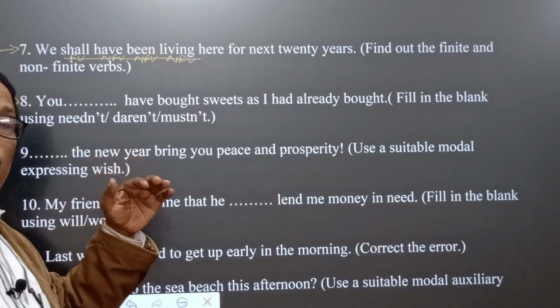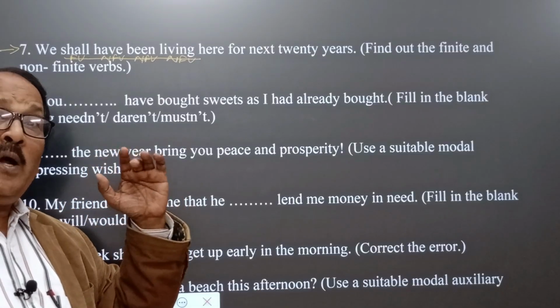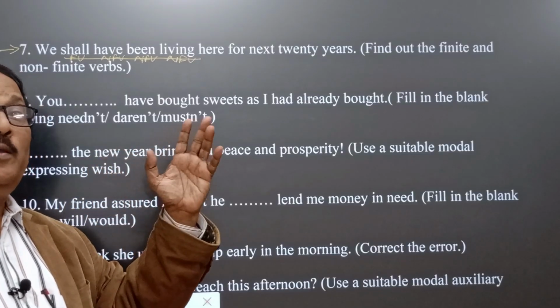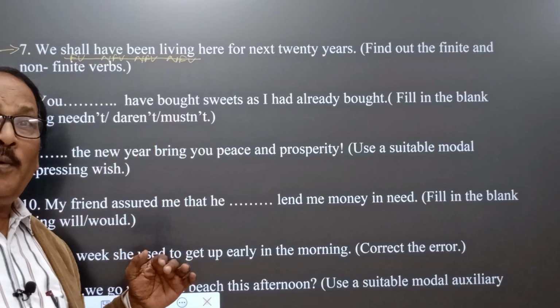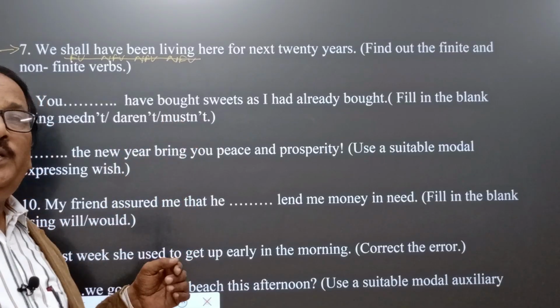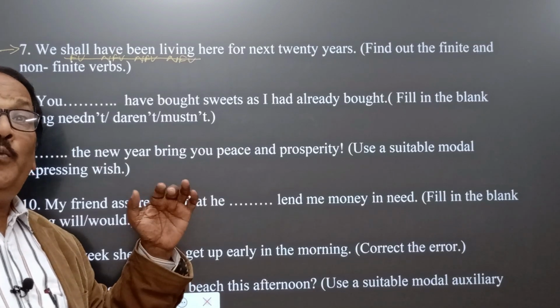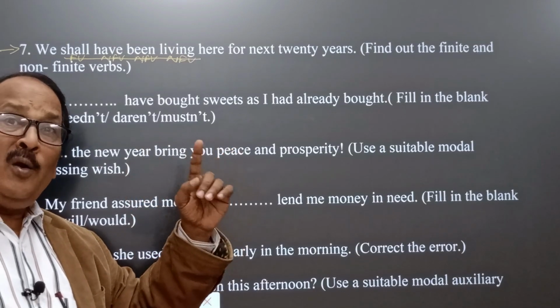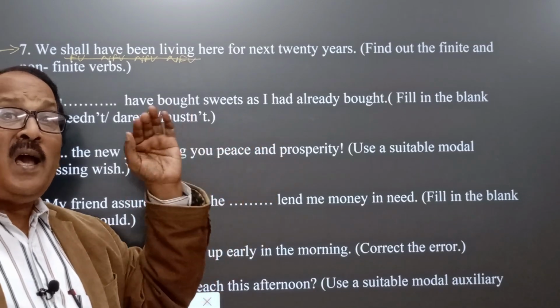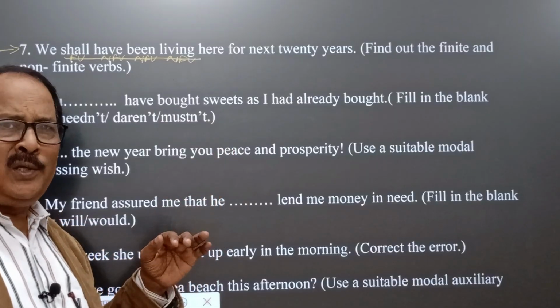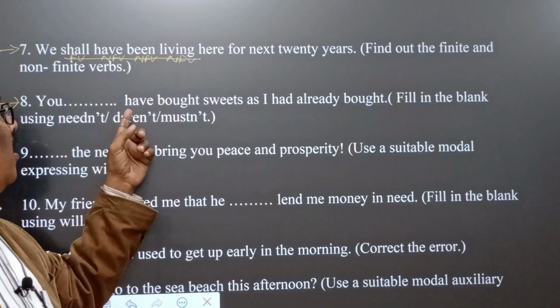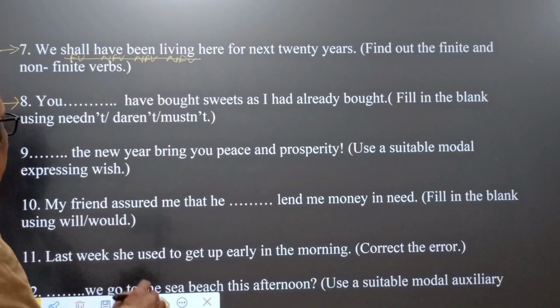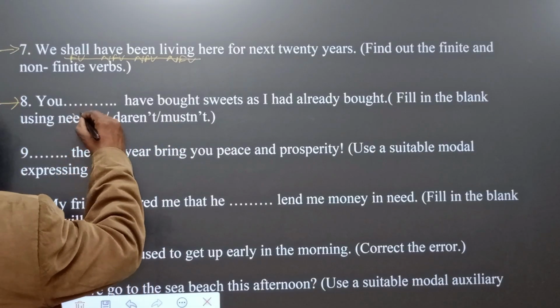Daren't is used whenever we want to modify the main verb, expressing lack of courage or bravery. Mustn't is used whenever we object to someone doing something which is harmful or dangerous. There was no necessity of bringing sweets. That's why the correct answer is needn't.